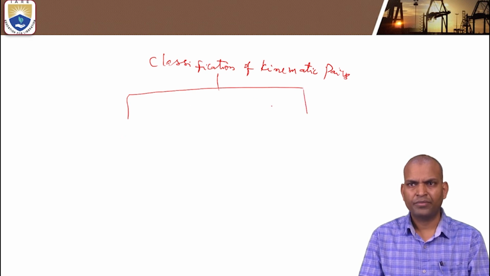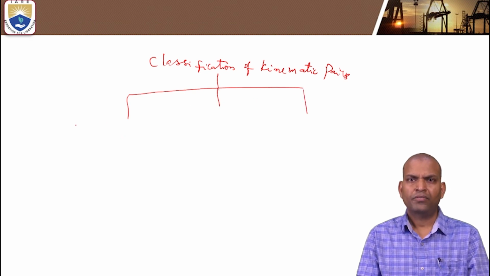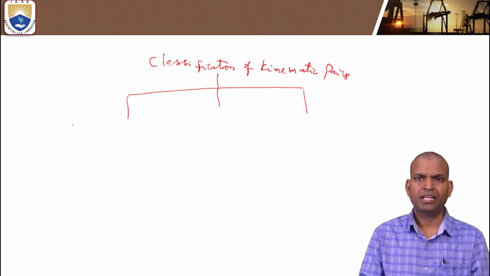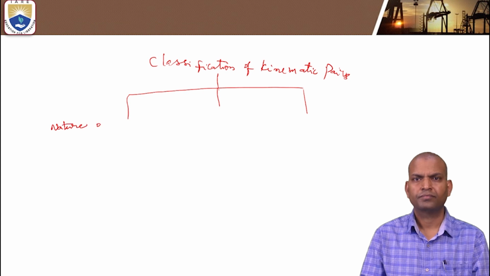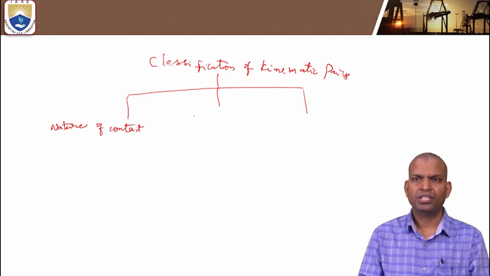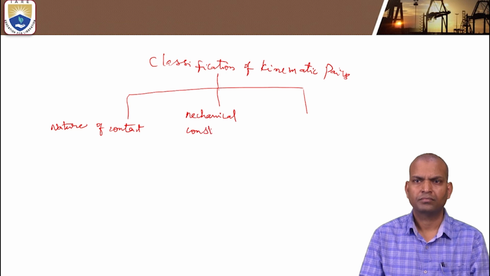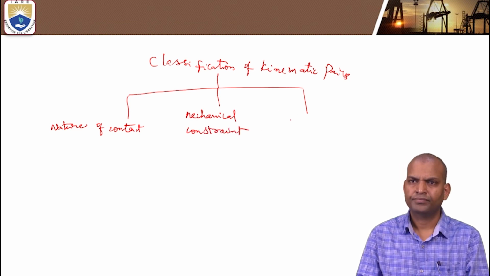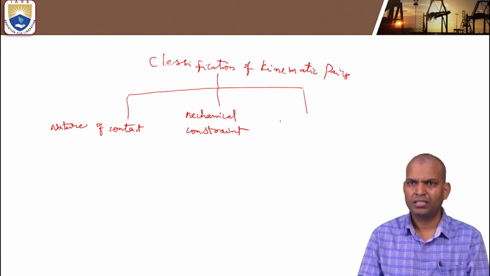The first category is nature of contact. The second one is mechanical constraint. And here, based on nature of relative motion.